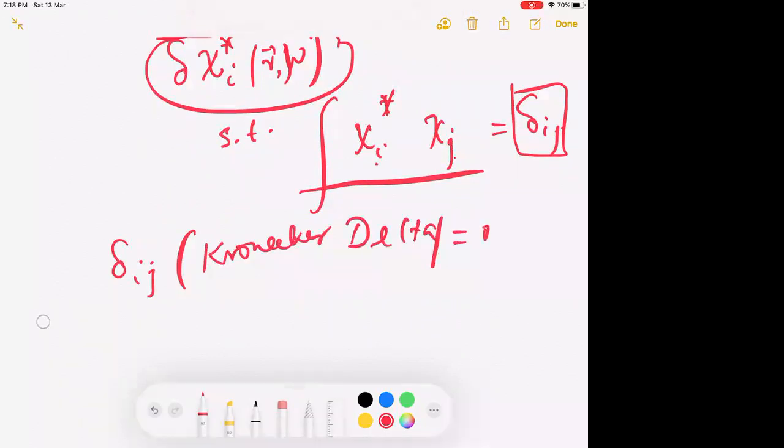This is 0 if i is not equal to j, and this is 1 if i equals j. So if i is equal to j, the integral is 1. If i is not equal to j, the integral is 0. So that means that different orbitals do not overlap. Same orbital, the integral is 1.